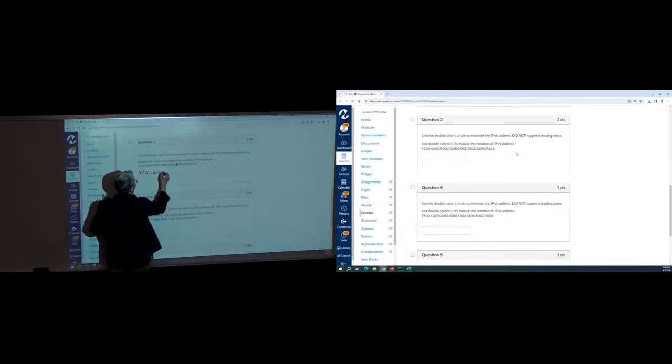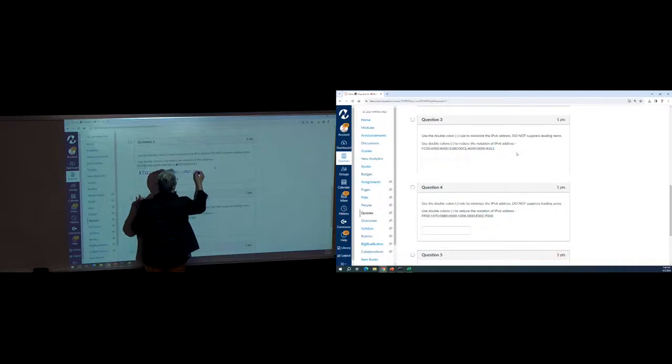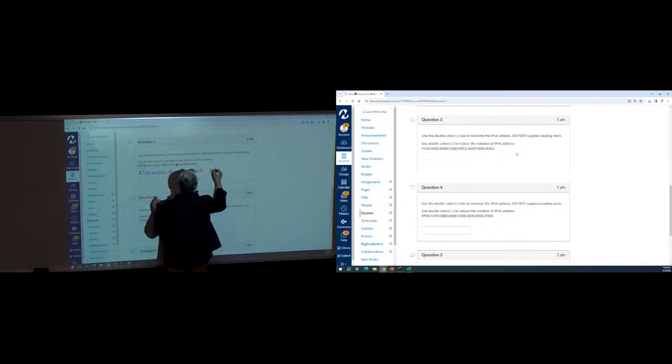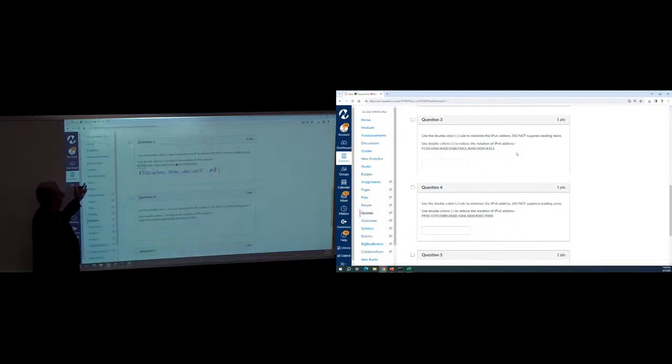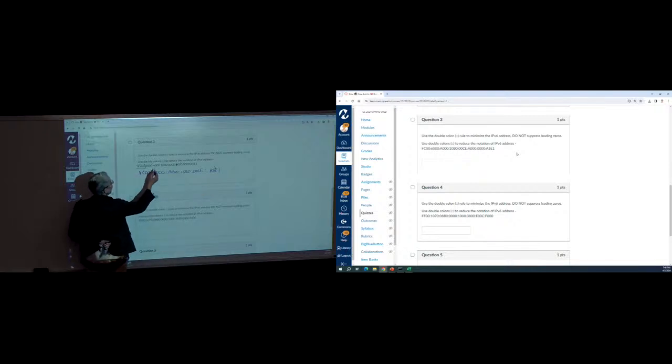Then I would do exactly. And this FC, what kind of address is this? What's the FC? Unique local. Good job, Matt. Okay. So I can see that there's 6 hextets, so I know that I would need to add 2 sets of zeros. Okay? Now, what if this was a 0?